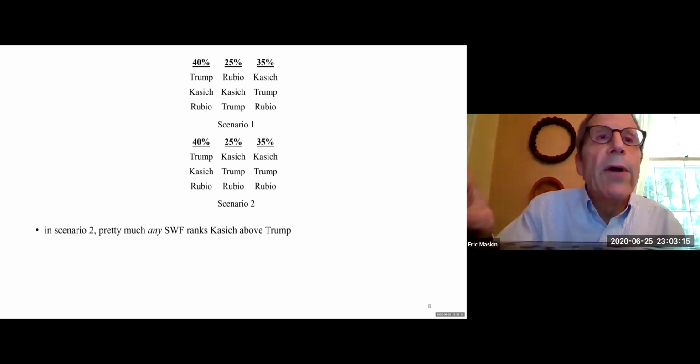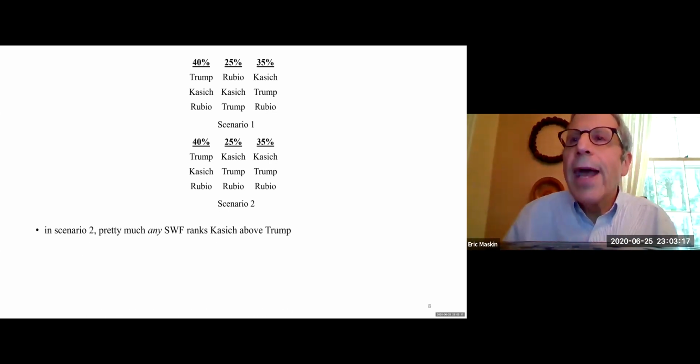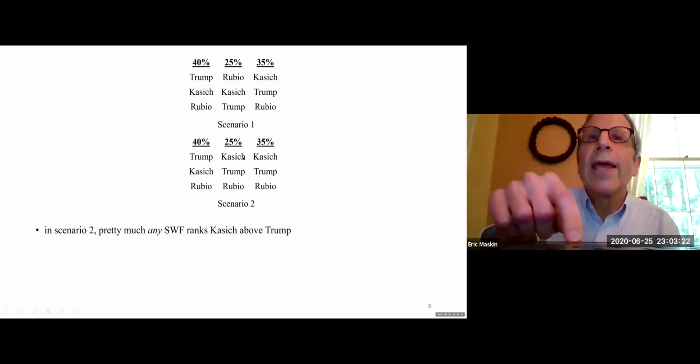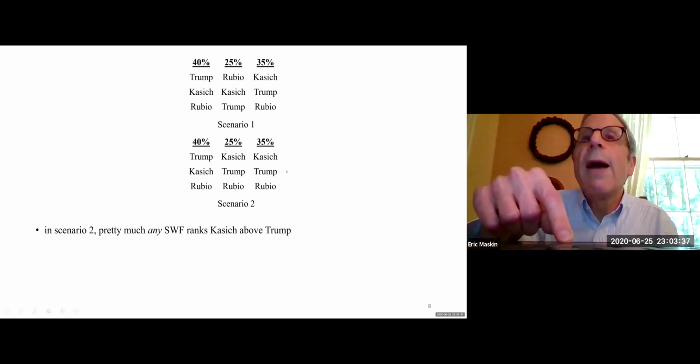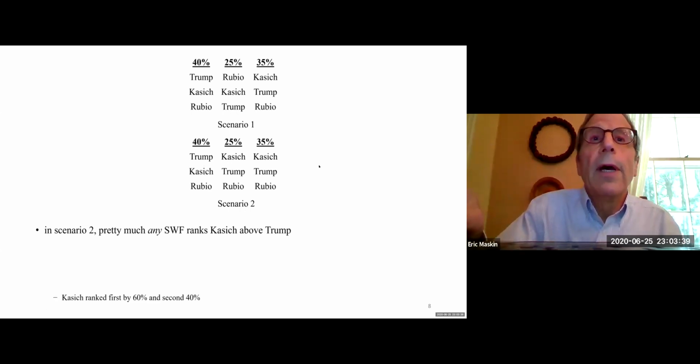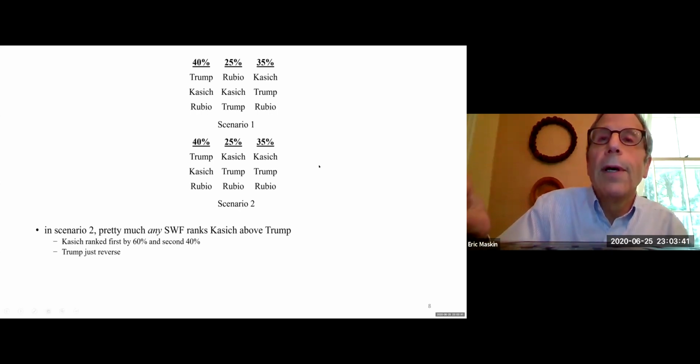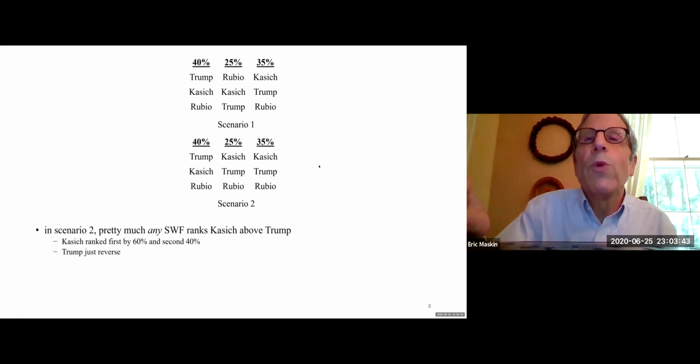In the second scenario, pretty much any social welfare function we could imagine is going to rank Kasich above Trump, because Kasich is in first place 60% of the time, and in second place 40% of the time, and just the opposite is true for Trump. So any reasonable social welfare function is going to put Kasich above Trump.